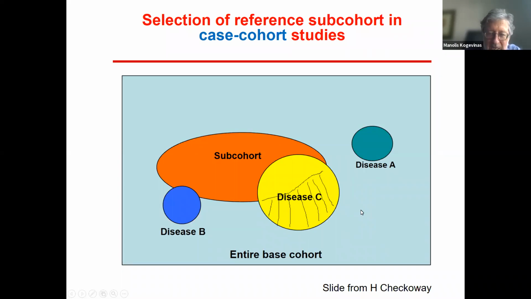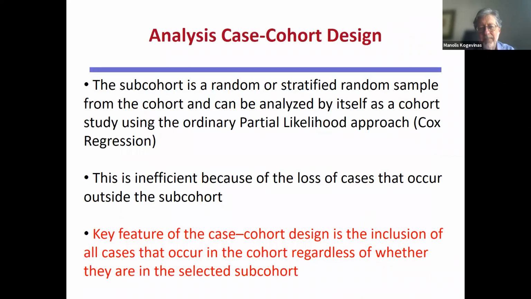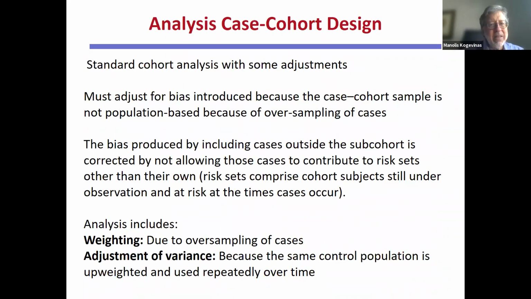So this is the tricky thing in the analysis, that we have the case cohort design and we include all the cases in the whole cohort, and we have then this control subpopulation. And then it's a standard cohort analysis, what we're doing, but because we have introduced some kind of a bias in a way, it's not only a random sample, but we have introduced additional cases, you just have to take this into account.